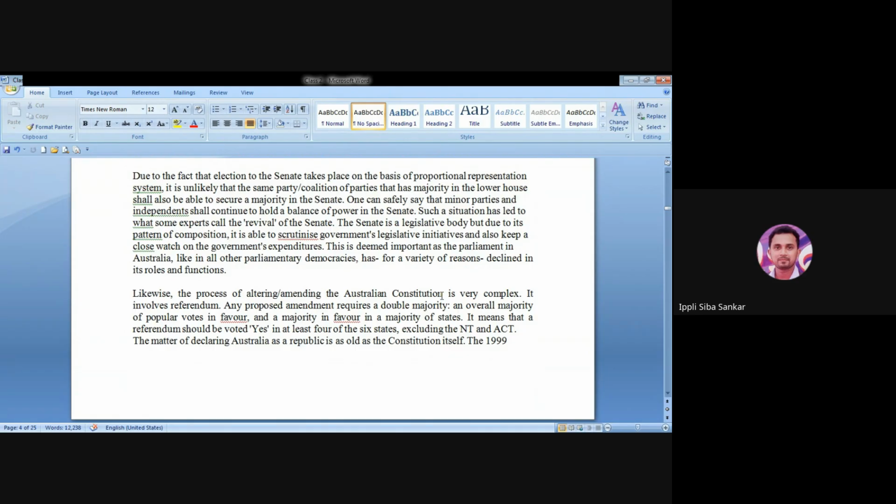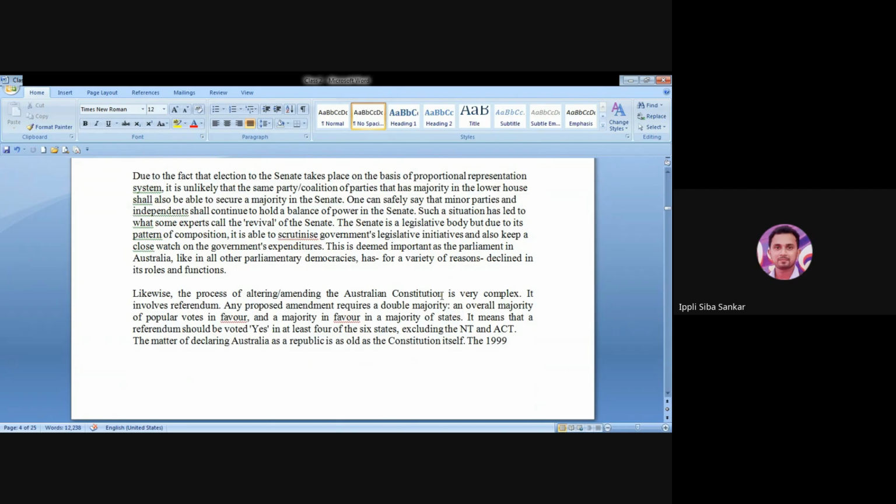One can safely say that minority parties and independents shall continue to hold the balance of power in the Senate. Such a situation has led to what some experts call the revival of the Senate.